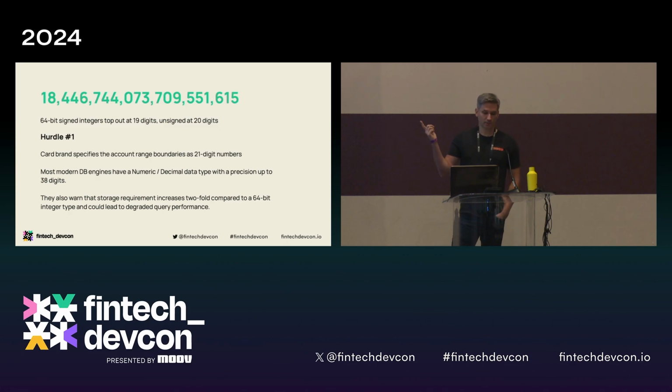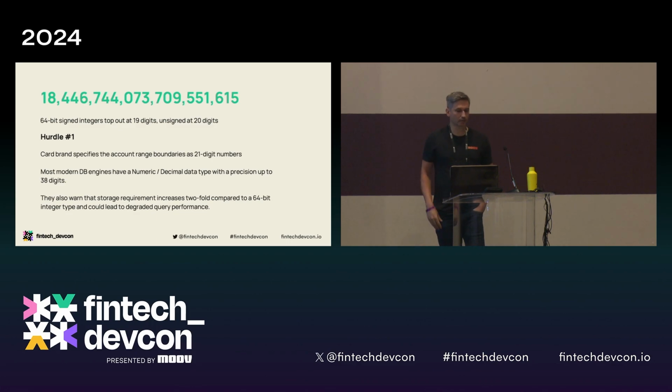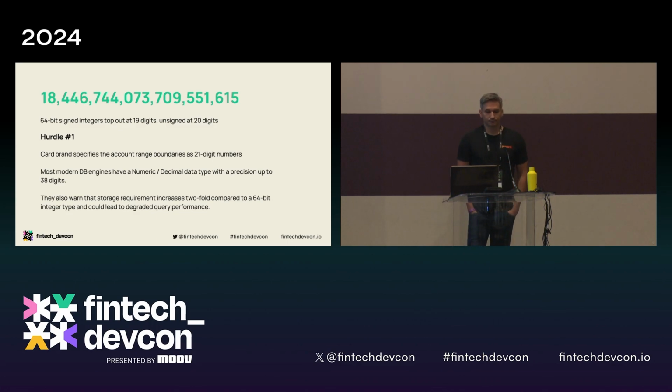And maybe if this was not too familiar, then the little sibling of this might be more familiar, which is half of this minus 1, and that's the maximum value the 64-bit signed integer data type can represent. The minus 1 there is the space for the sign, obviously. So the signed flavor of these numbers can represent numbers up to 19 digits, and the unsigned flavor can go up to 20 digits.